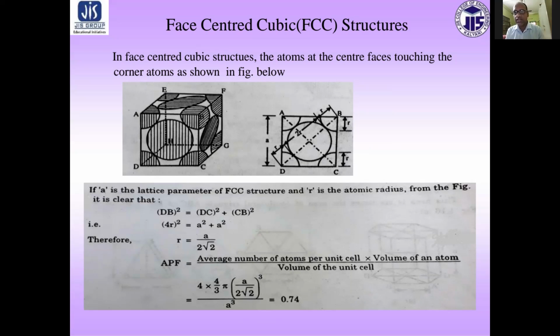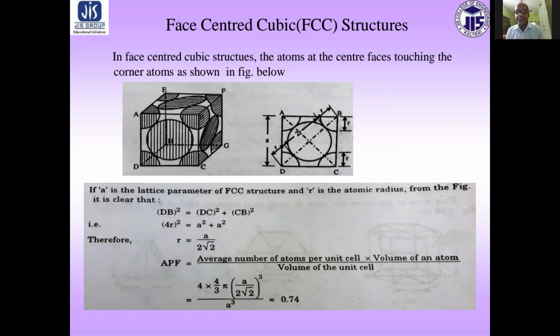So the diagonal BD gives us 4r. For a cubical structure, the lattice parameter a is constant in any direction.